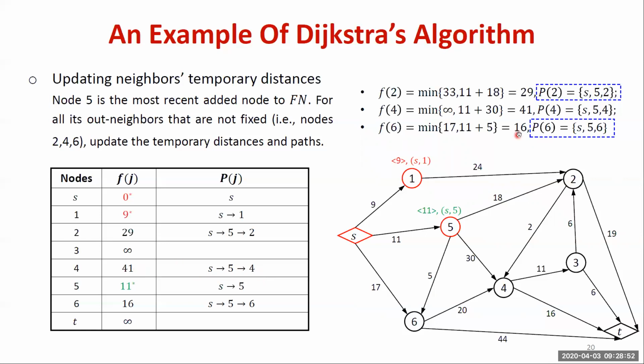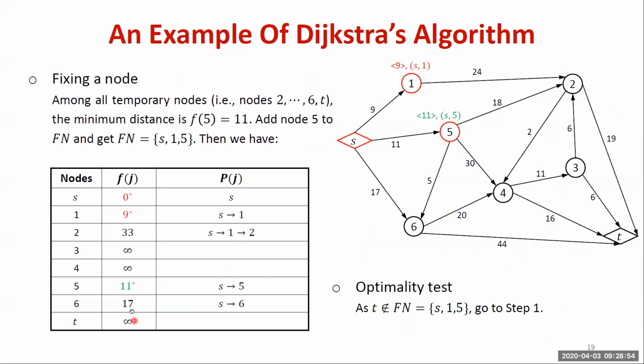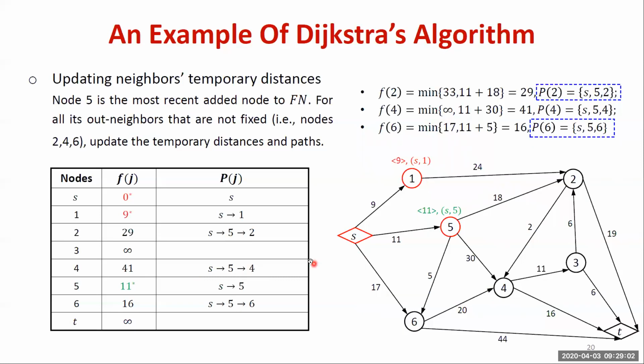Okay, and for 6, similar. In the previous iteration, my shortest distance from S to 6 is 17, with the path S directly going to 6. Now, what I have is 17 versus the route via 5 to 6. Again, because 5 is the most recent fixed node. Okay, so 5 to 6 is 5. S to 5, the shortest distance fixed, is 11.